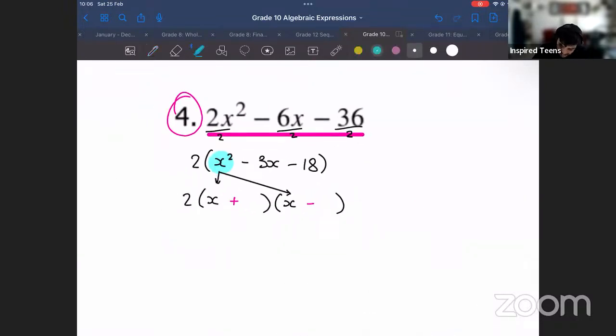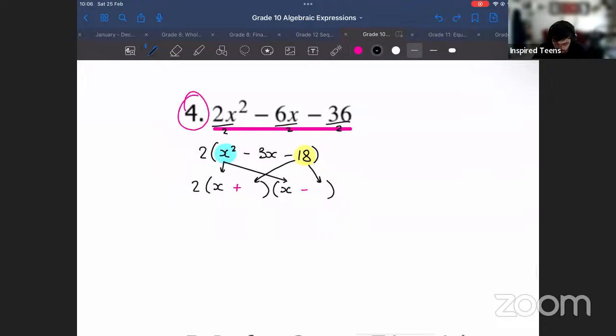Then I'm going to utilize the last term to get the last terms in each bracket, basically. I'm going to use the factors of 18. Remember in some cases, if you have a 2 there, it would affect it as well.